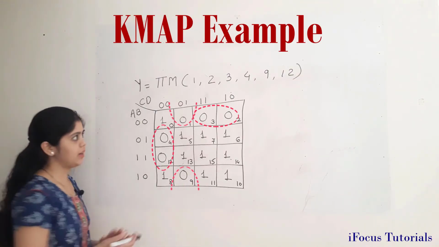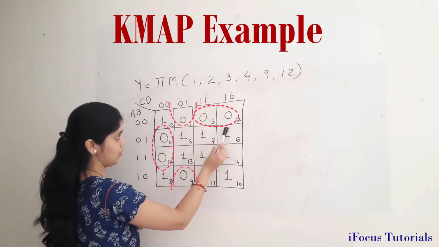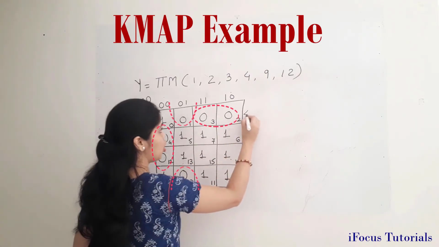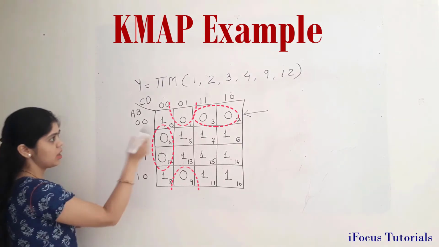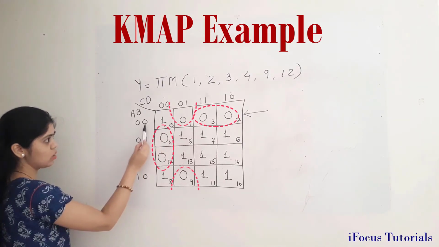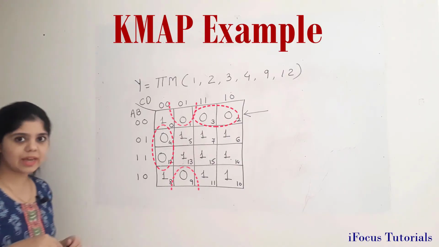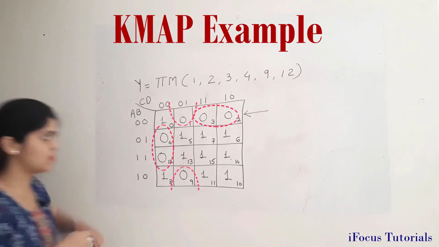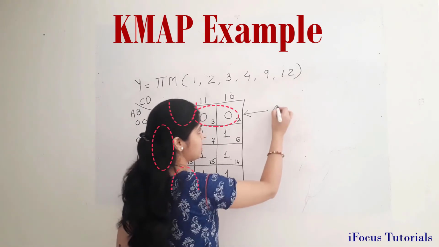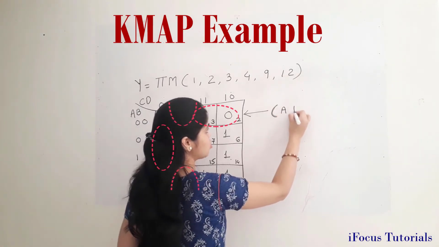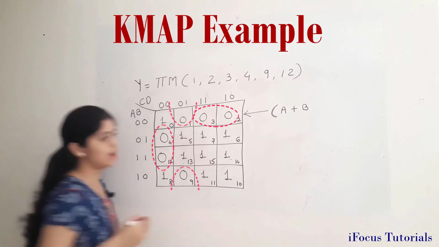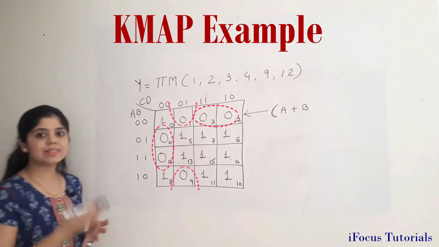So we will start writing the expression for this pair first. If you observe the row first, row is indicated as a 0 and a 0. There is no row to compare here, so nothing will be cancelled. We have to take both these terms as they are. So 0 is represented as an original term, so a plus b, and these terms should be represented as an addition term.